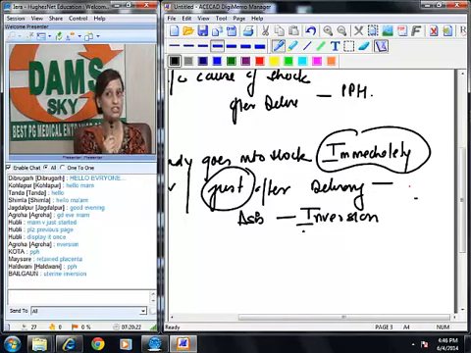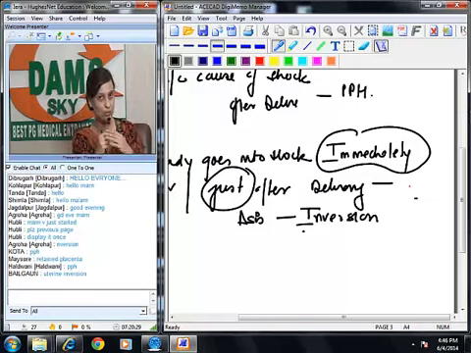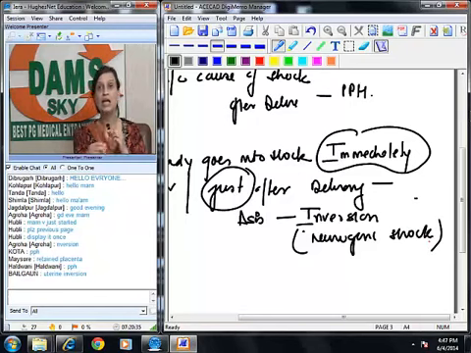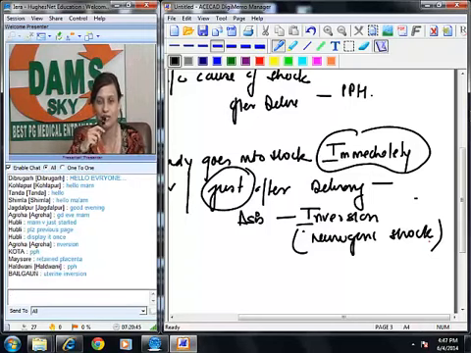Therefore, if the question specifies these words like immediately after or just after, then the better answer is inversion, because in these cases it is neurogenic shock which comes up immediately as soon as the inversion is there. Do you understand the difference between the two questions? It becomes a very confusing question. Until you understand the concept, you will not know the answer. So now is it clear why in one case we have answered as PPH, while in the other we have answered as inversion? Yes or no?